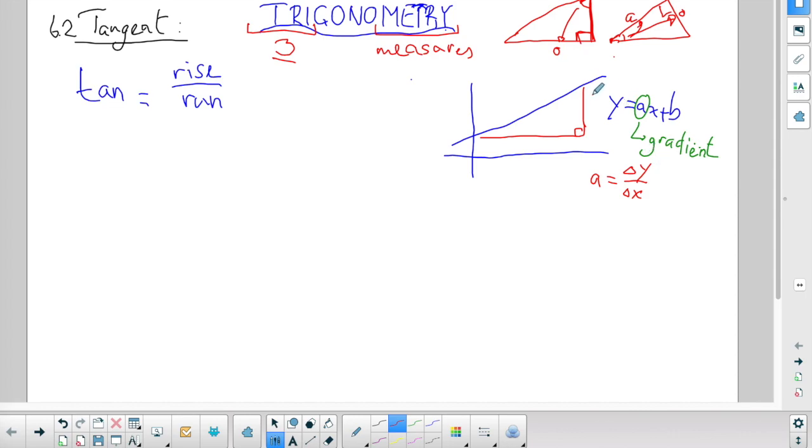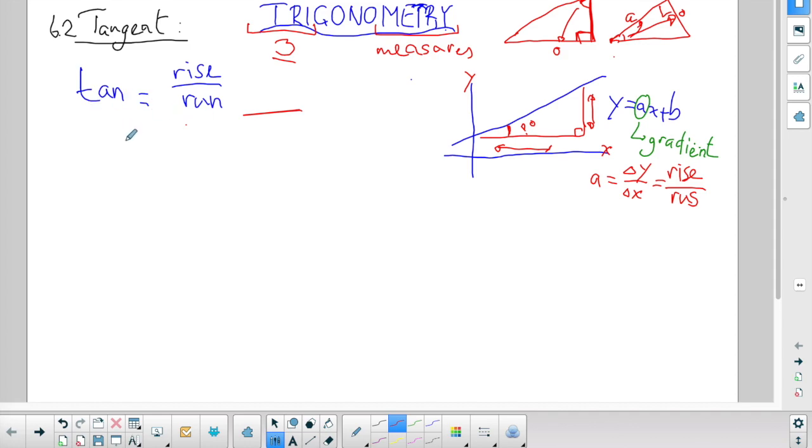This part is like the rise, and my run is this part. So you see that if I want to have an angle here, and I want to know how many degrees this is, then I can express this in a tangent. That's why we use tangent.